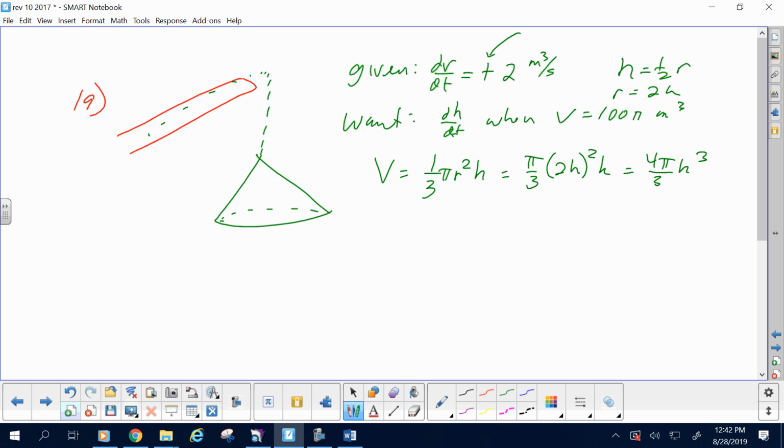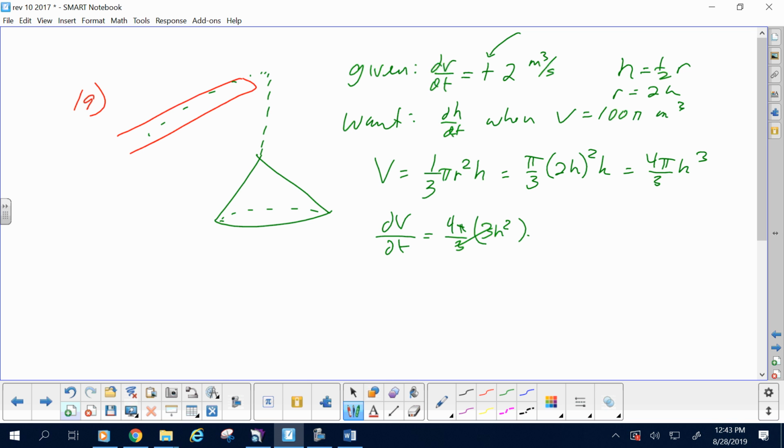Okay. All right, now I differentiate with respect to time. What's the derivative with respect to time on both sides, but technically the right is what I'm focusing on. What's the derivative with respect to time on the right? 4 pi over 3 times, oh, you're already a step ahead of me, I see what you're saying. The 3's go away, 4 pi h squared. Wait, okay, now chain rule, I took the derivative of the outside, but now the derivative of the inside.